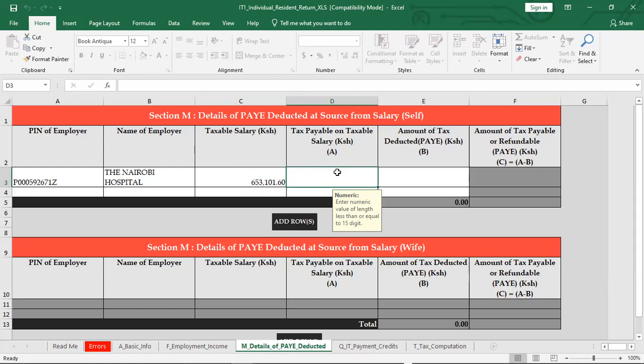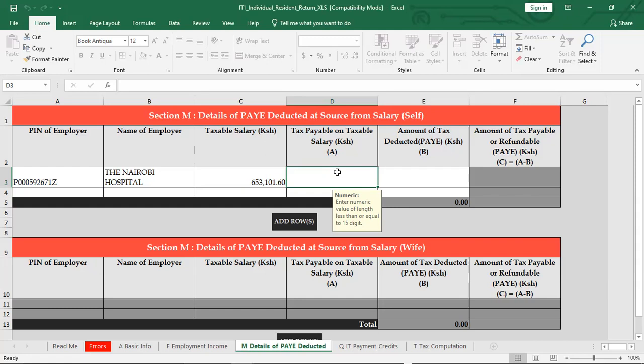So tax payable on taxable salary, this is the tax you're supposed to pay before deducting personal relief. So you know there is personal relief per month, which is 2,400. So all the tax payable is the tax you are supposed to pay before deducting the personal relief. Sijui kama tuko pamoja hapo. It's the tax payable before you subtract personal relief.